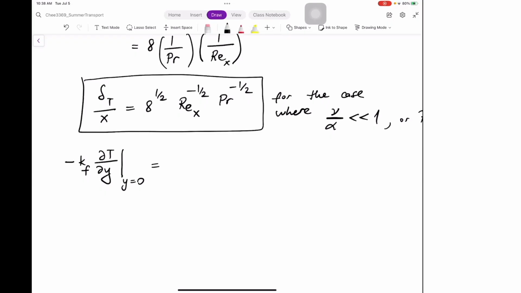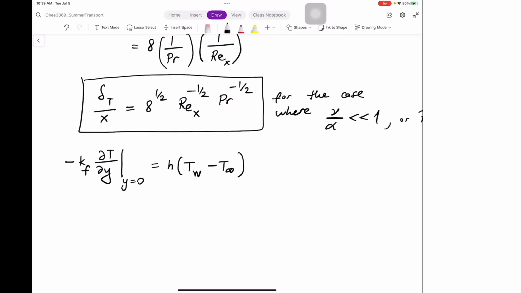We said that this, right at the interface on the fluid side, in that infinitesimally small layer that touches the solid, equals the entire heat flux from the solid to the fluid, H times T wall minus T infinity, from Newton's law of cooling.